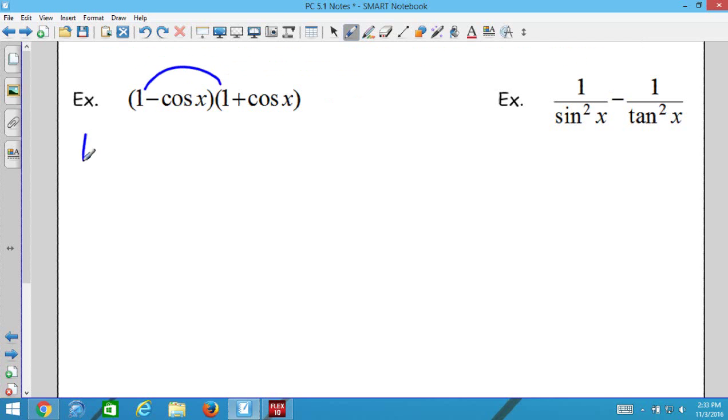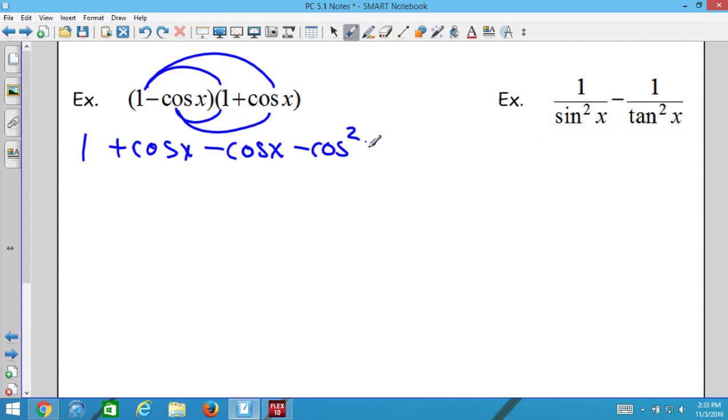1 times 1. 1 times cosine x. Negative cosine x times 1. And negative cosine x times cosine x is minus cosine squared x. So we use the FOIL method.